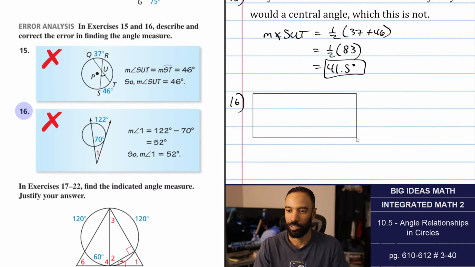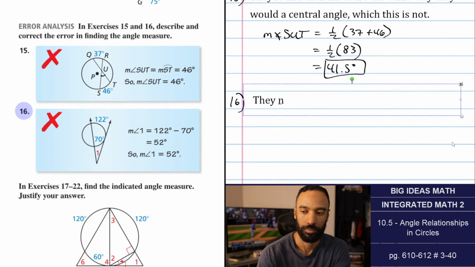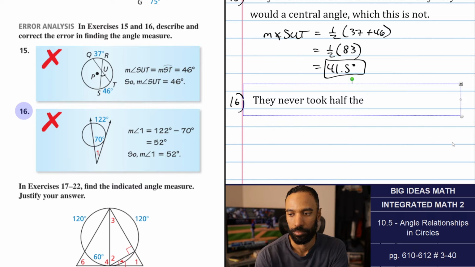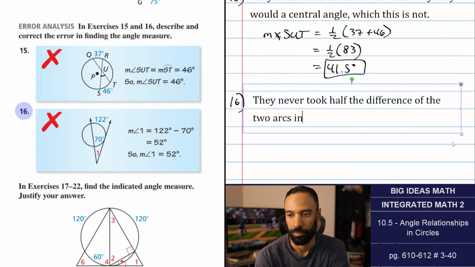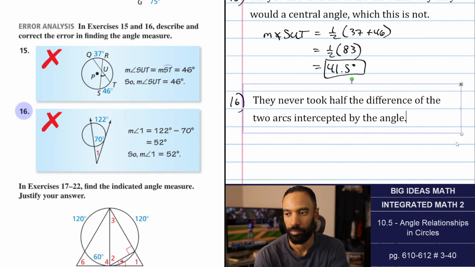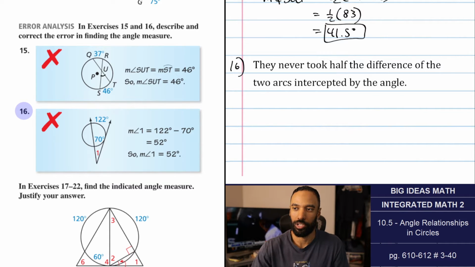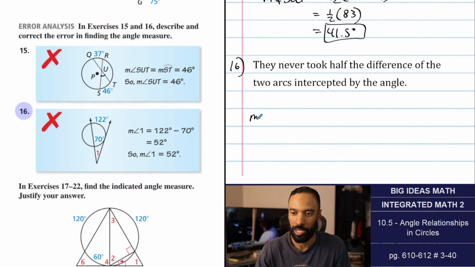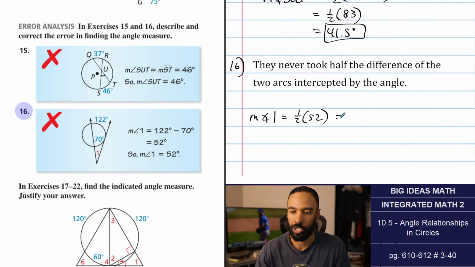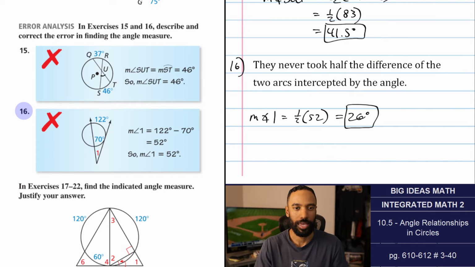They never took half the difference. So just finish off at the end. Their first part's correct, but measure of angle 1 is half of 52, which is 26 degrees. Okay, that's 15 and 16.